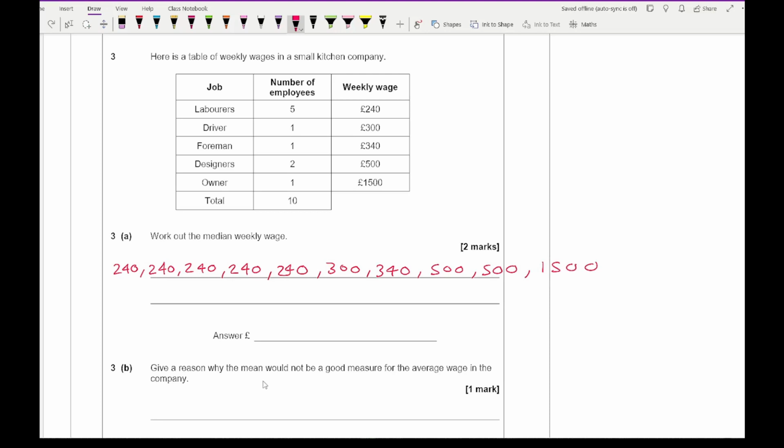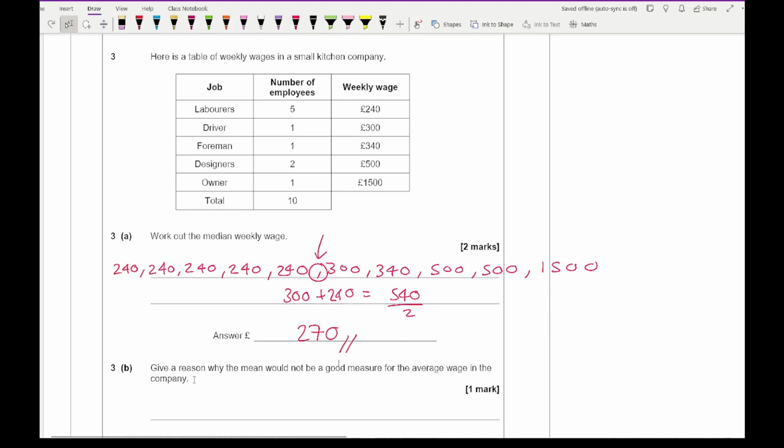So the median wage is going to be the middle number. So it's in between 240 and 300. And so 300 plus 240 is 540, and 540 divided by 2 is £270.